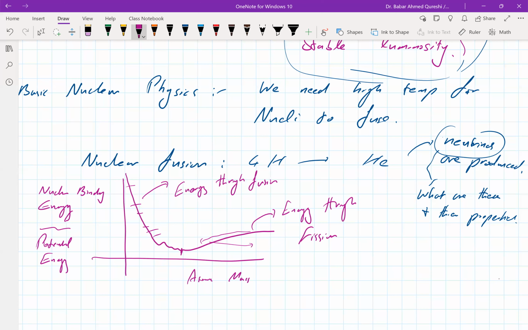There is this valley point, which is iron. You do anything to it, you have to provide energy. So in stars, it's this process which is important, and actually the very first step of it. For the main sequence lifetime, it's just going from hydrogen to helium which is important.